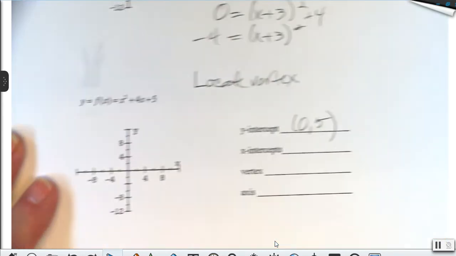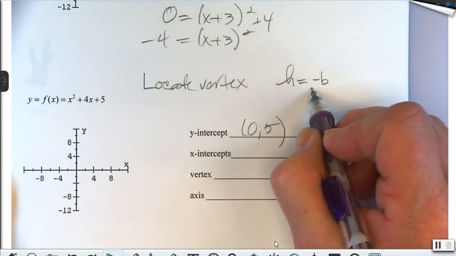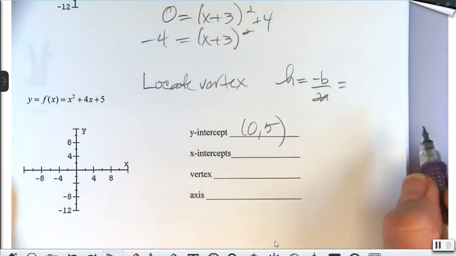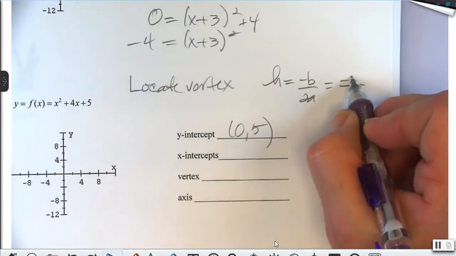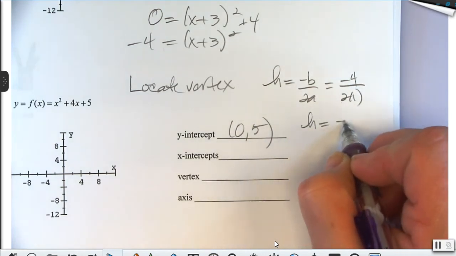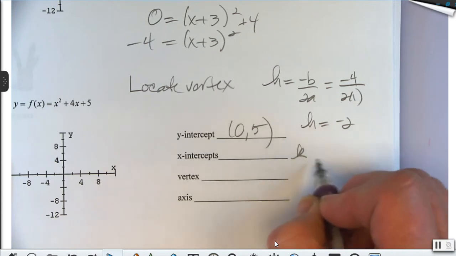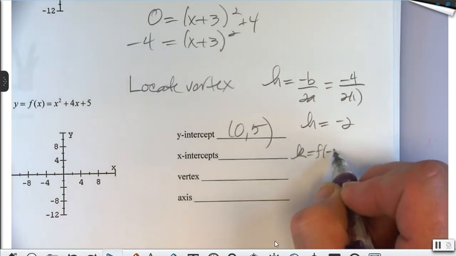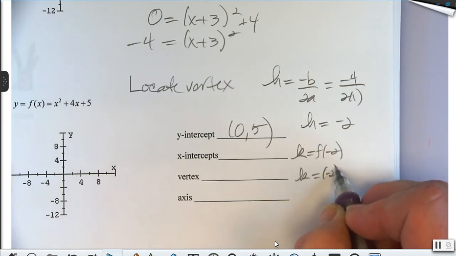Let's find that vertex. So the x-coordinate of my vertex is going to be that negative b over 2a. Yes, I do write the formula a lot. I think sometimes it helps us remember what it is. So this is going to be negative 4 over 2 times 1, or this is going to be a negative 2. Now to figure out k, I'm going to evaluate the function at negative 2. So k is going to be a negative 2 squared.